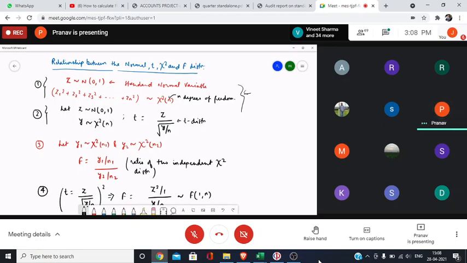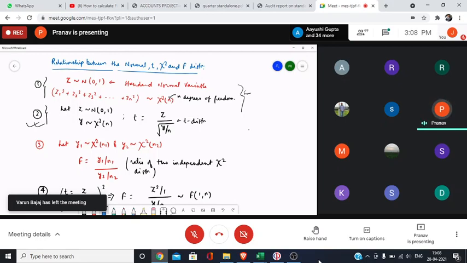Second is about the t distributed random variable. That's where we learned that the t distribution is a ratio of an independently distributed standard normal variable and a chi-square variable.